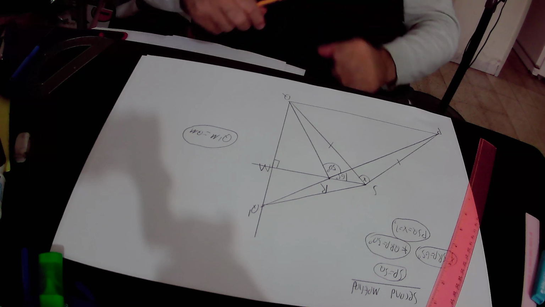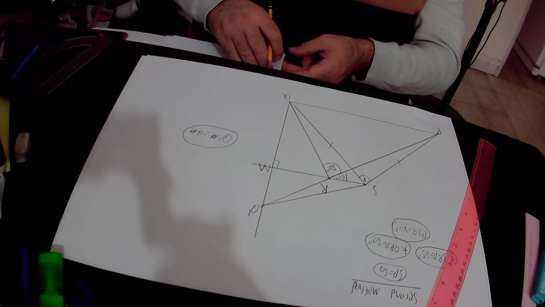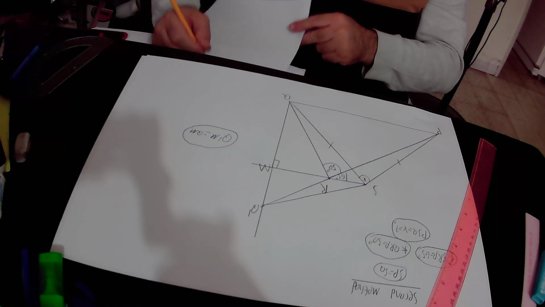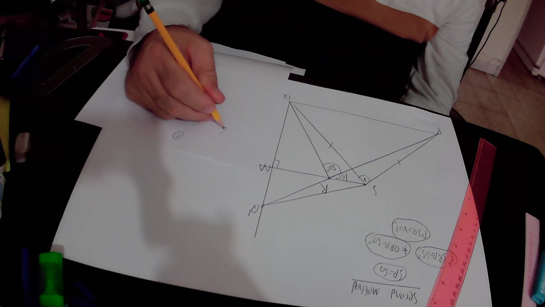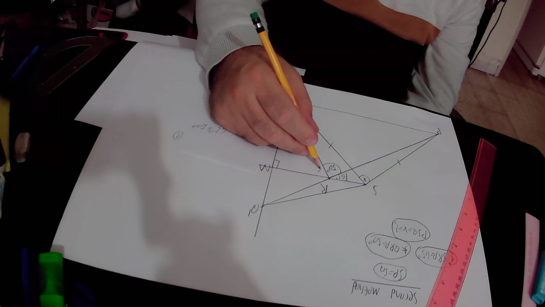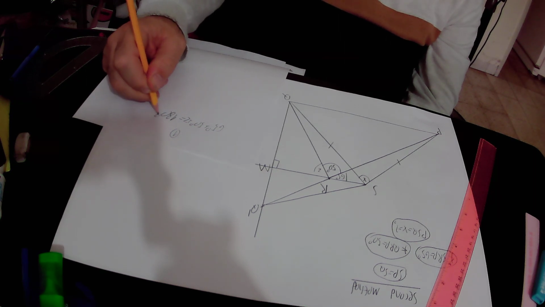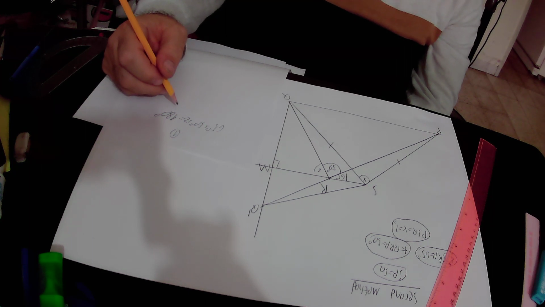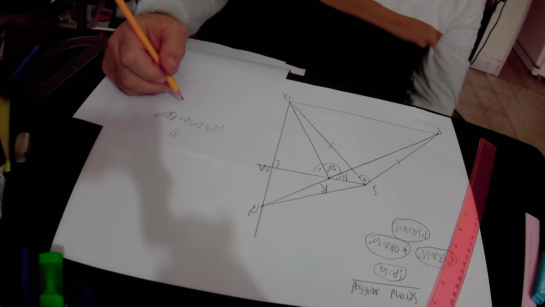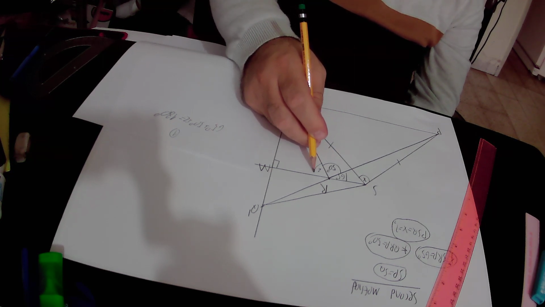That is to say, 65 degrees plus 50 degrees plus the size of this angle, which we will define as angle Z, must be equal to 180 degrees, according to the rule that states that the sum of the angles on a straight line at any point, if we look only at one side of the straight line, must be equal to 180 degrees.